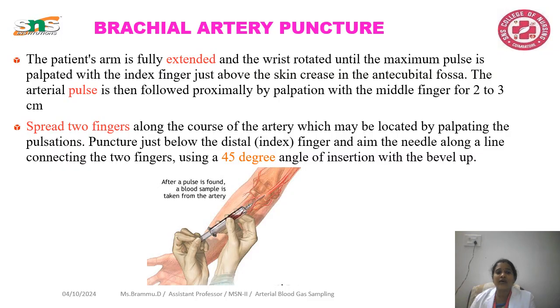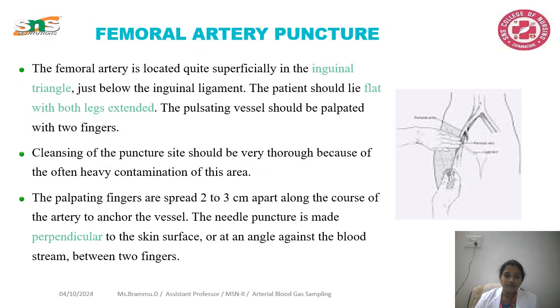Once you palpate the brachial pulse, one hand palpates the pulse and the other hand pokes into the skin, and you wait for the backflash. Once you get the backflash, we can take the sample. The same technique is followed, with a 45-degree angle of insertion with the bevel up.